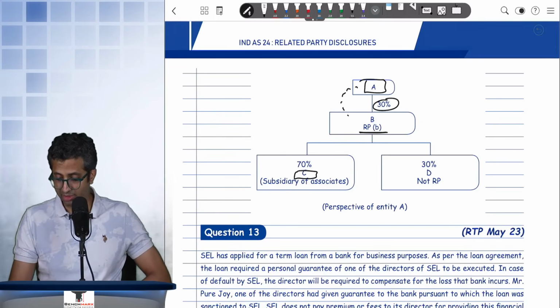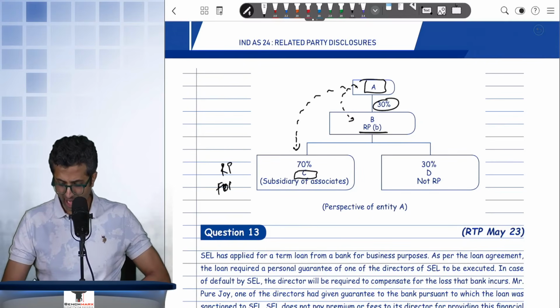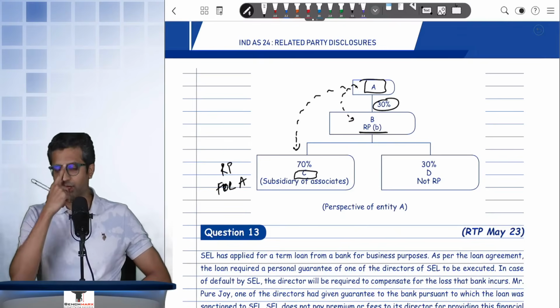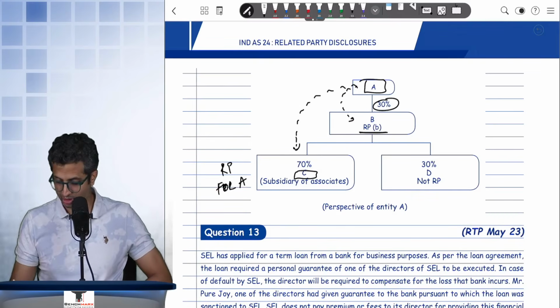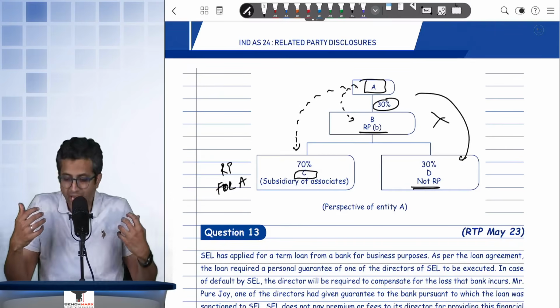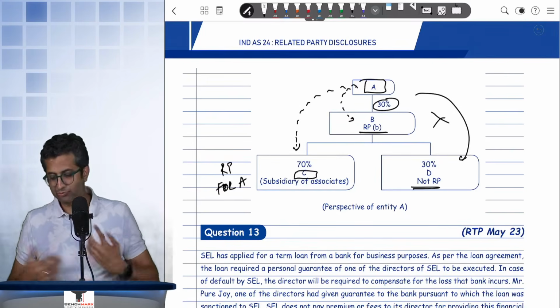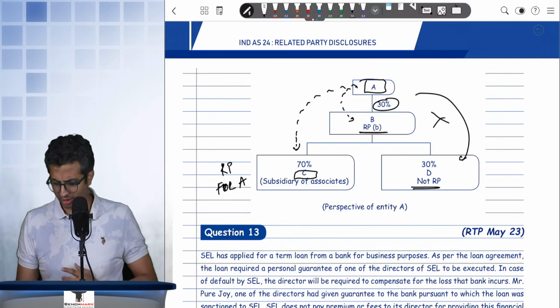So for A, if B is related, even C is related, and hence this will be a related party for A and vice versa. However, the word associate does not include associates of associates, and hence D is not a related party for A, because while B and C may be one and the same, B and D are not one and the same, and hence there's no related party relationship over here.